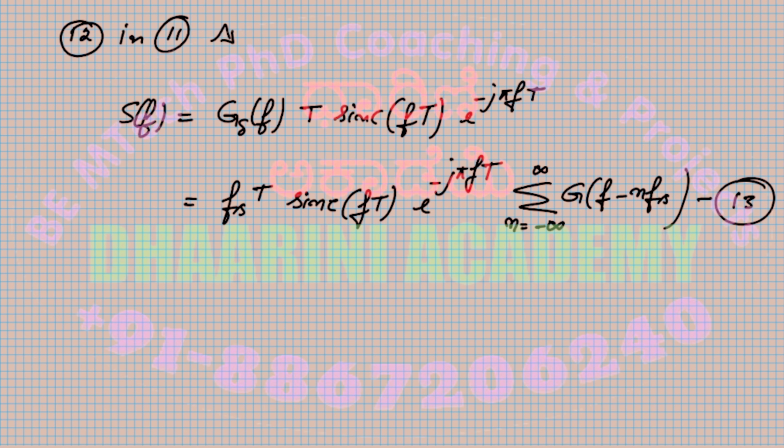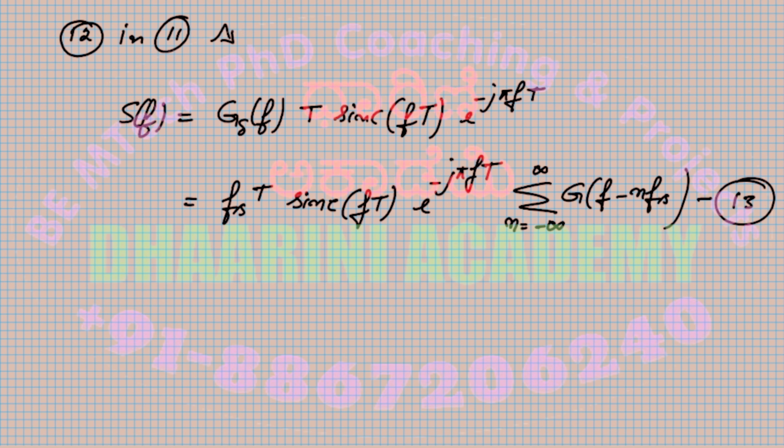I still have the G of f present, and I can also see that the various frequency components present when I put n equal to different values get truncated by the sinc function as well as the e to the power function. So e to the power minus j pi fT is a decaying function. I can see that at 0 it has a maximum value, and as I progress towards plus or minus infinity of f, it decreases.